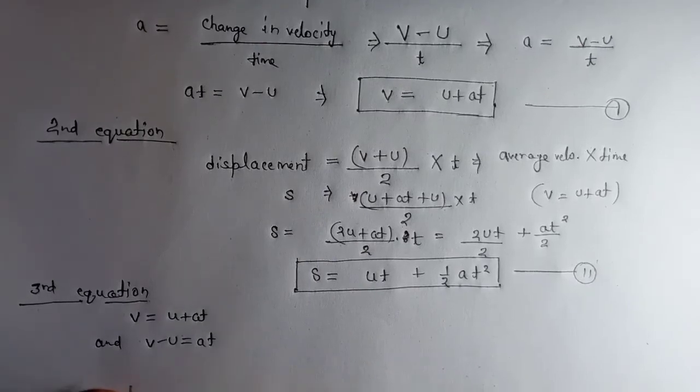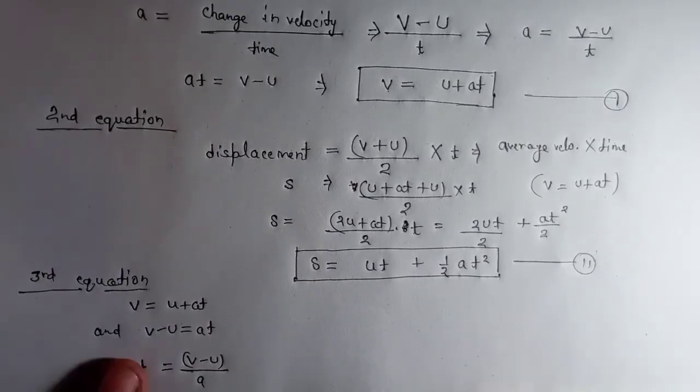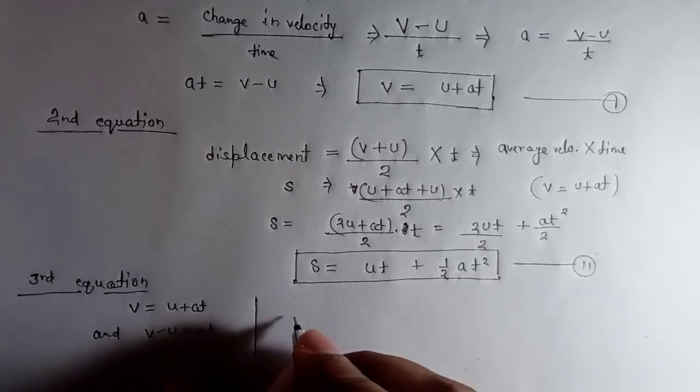So this will give you t is equal to v minus u upon a.